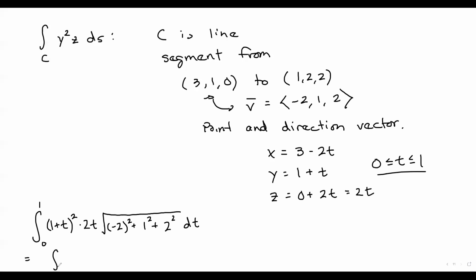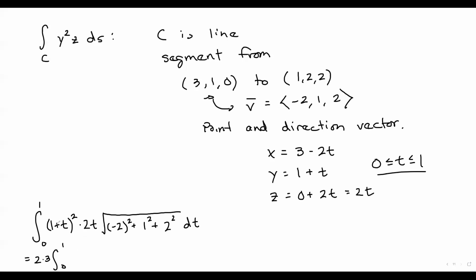And so we're going to have 0 to 1, and then it's just a matter of multiplying all this out. So if you multiply this out, this is 1 plus 2t plus t squared times 2t. Actually, let's take this 2 and move it out. And then what are we going to get here? This is 4 plus 4 plus 1. That's 9. The square root of 9 is 3, right? So we're going to have 2 times 3.